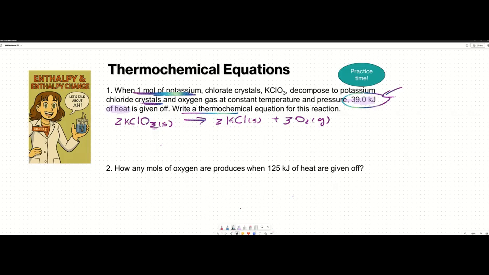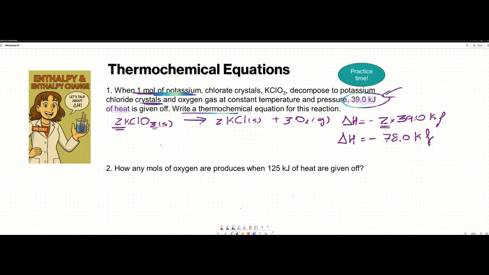When you look at the balanced reaction over here, I have 2 moles of potassium chloride. So my enthalpy change would be minus 2 times 39.0 kilojoules, because I don't have 1 mole, I have 2. So my enthalpy here will be minus 78.0 kilojoules, okay?